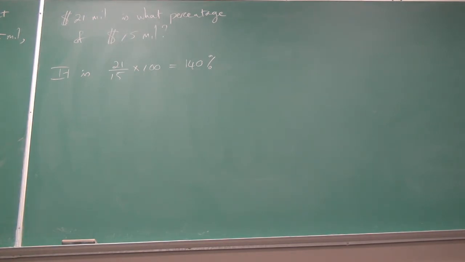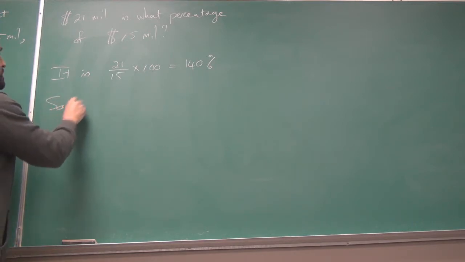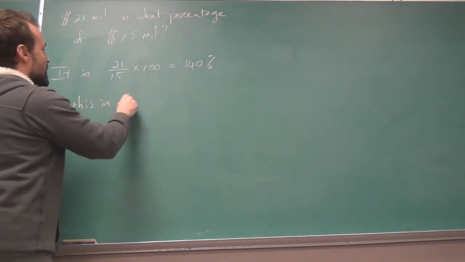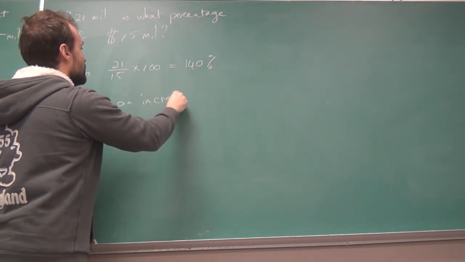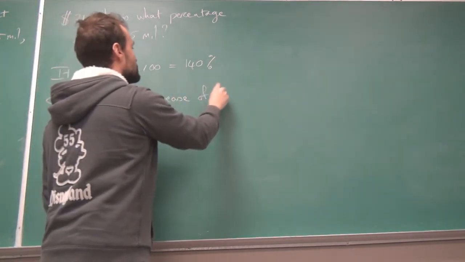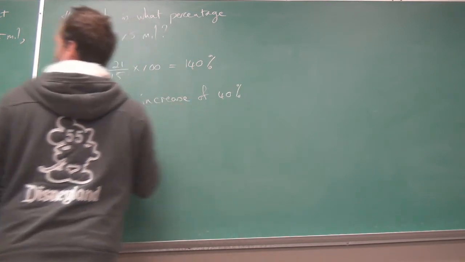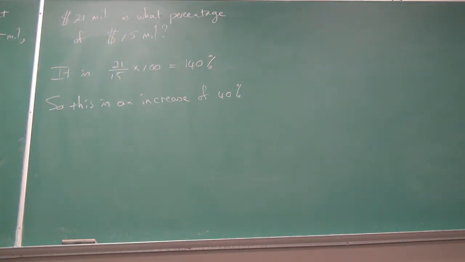Now I refer to my question, just to make sure I answer this question correctly. Well, it just says thoughts. That's not really a question. All right. So this is an increase of 40%, and not the 37 that the mayor thought it was.